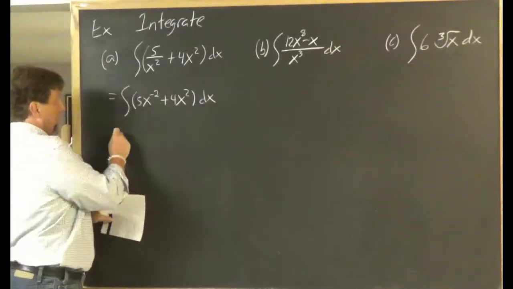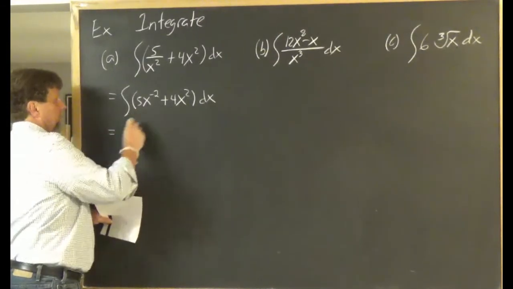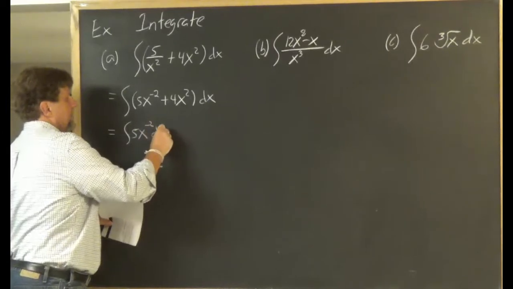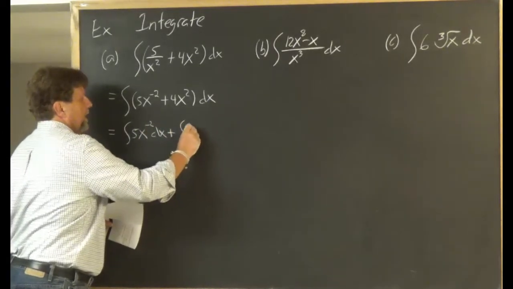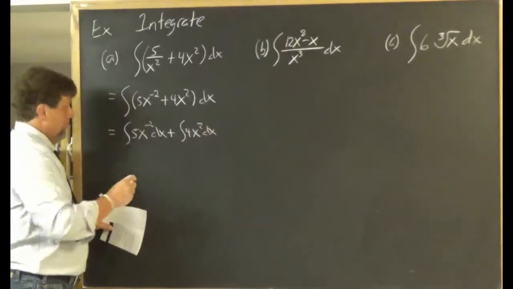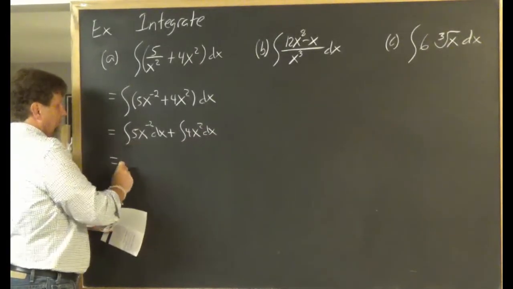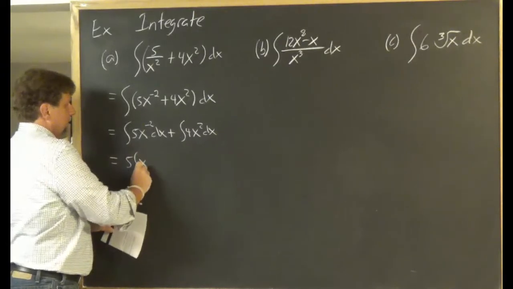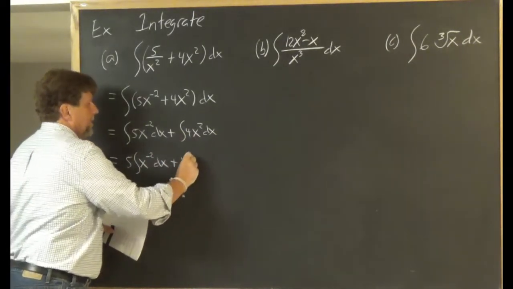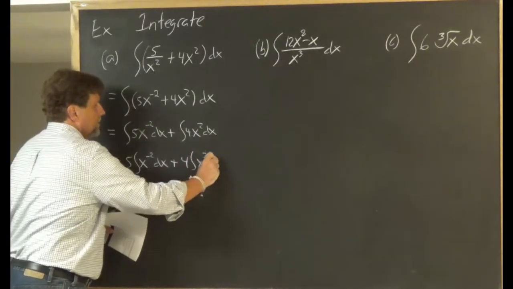So here's every possible step. I could rewrite this as integrating 5x to the negative second dx plus integrating 4x squared dx. That's using the sum difference rule. Here I could rip the 5 out front of the integral sign, and here I could rip the 4 out front of the integral sign.